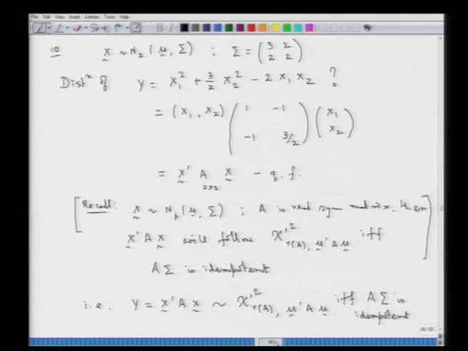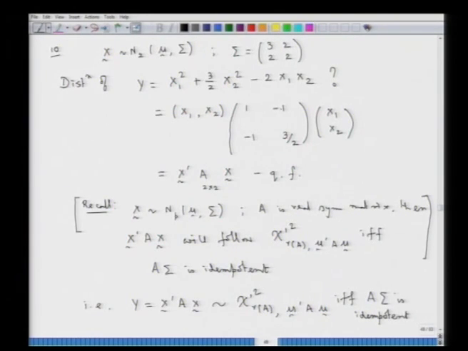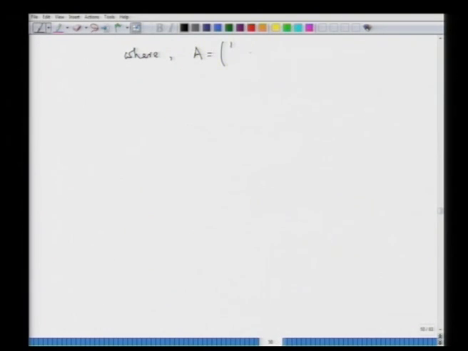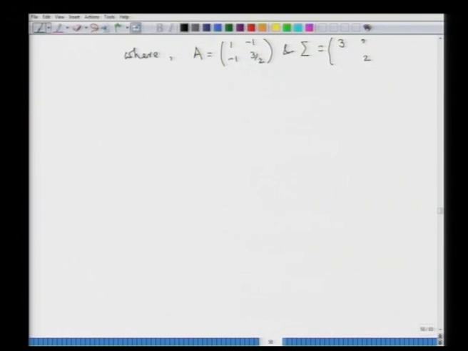Now it is easy to see that this A, which we obtained here as [1 -1; -1 3/2], and sigma, the variance covariance matrix [3 2; 2 2], give an A sigma that is idempotent, as A sigma into A sigma is equal to A sigma.